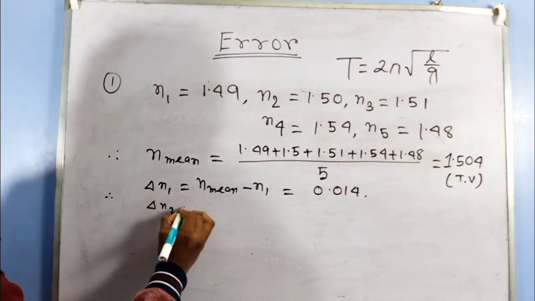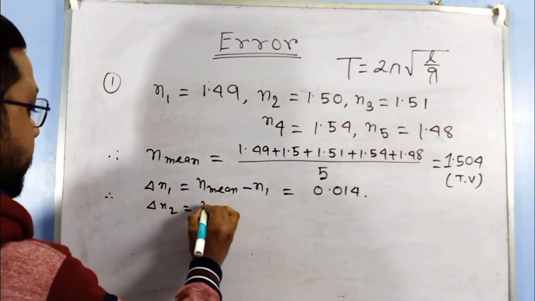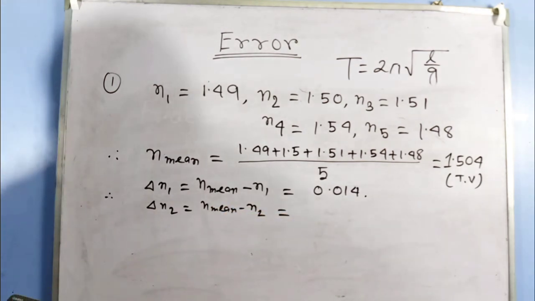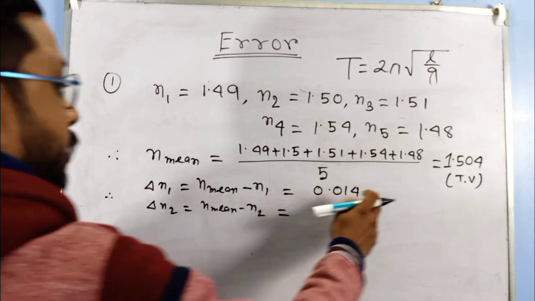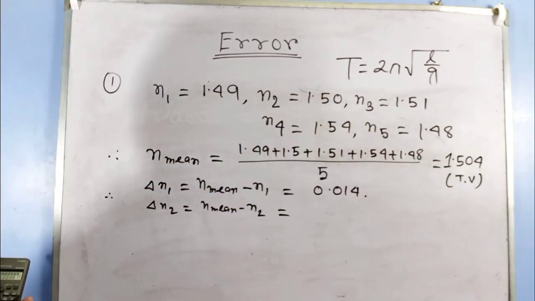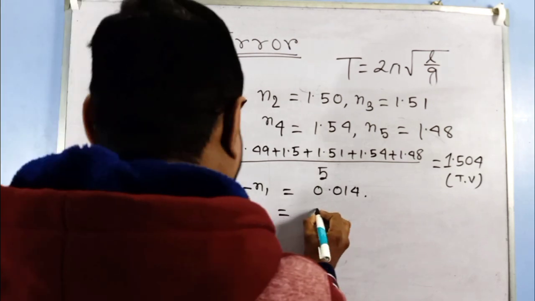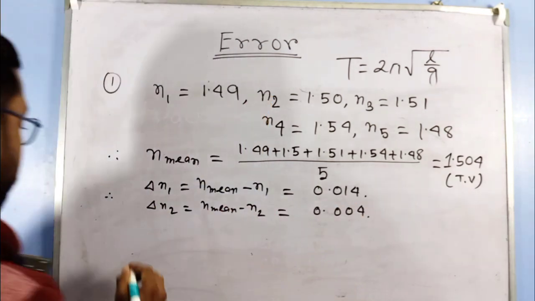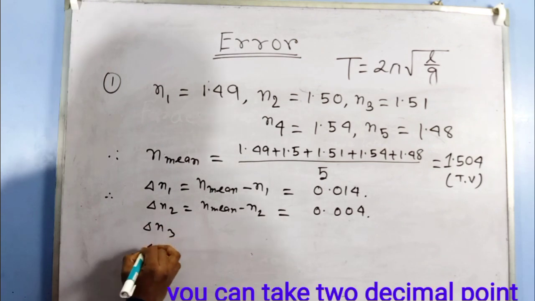Then delta n2 is n mean minus n2, 1.504 minus 1.50, we get 0.004.